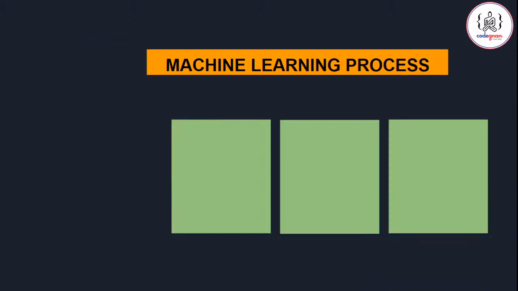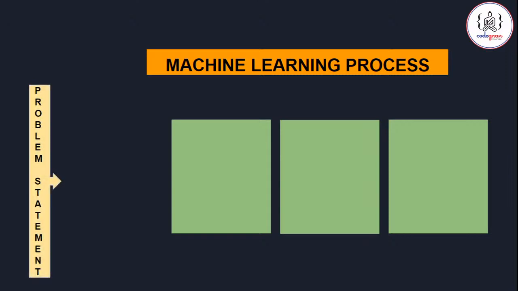Now let's look at the workflow of machine learning, or the process of machine learning. The first step is to define your problem. What is the problem that we want to solve? Let's say our task is to decide whether the transaction is fraudulent or non-fraudulent.